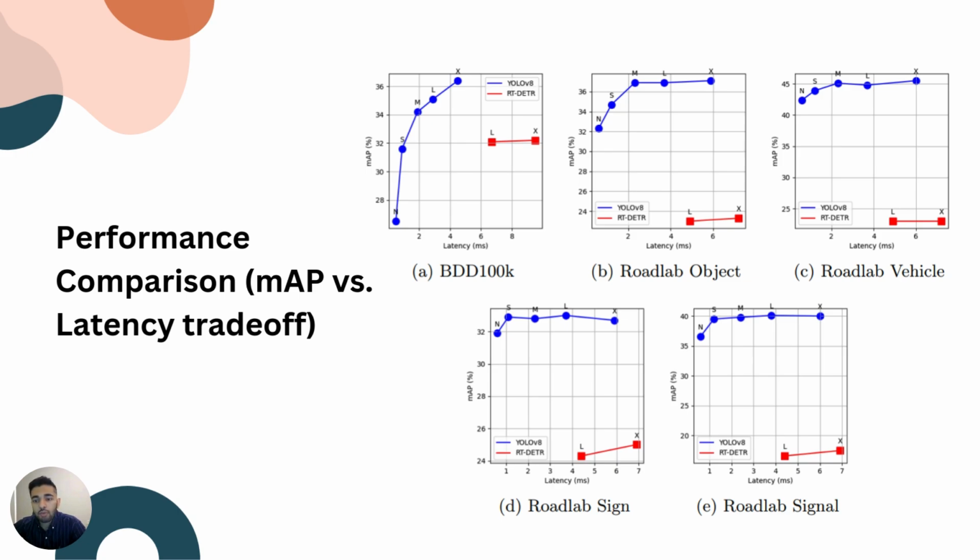And the ones on the bottom right are going to be worse. So for all the plots, you can observe that the YOLO family lies on the upper left part, but RT-DETRs tend to lie on the downward right part, indicating that YOLO gives better performance with lower latency than RT-DETR.